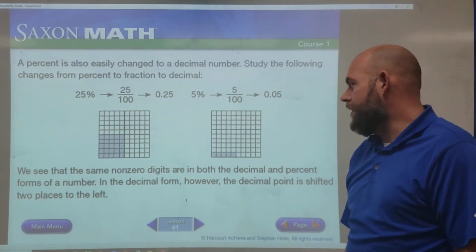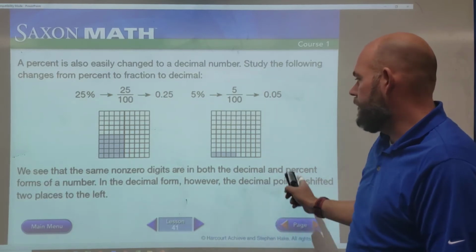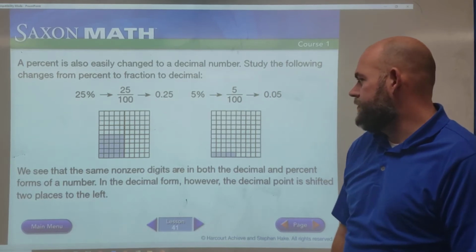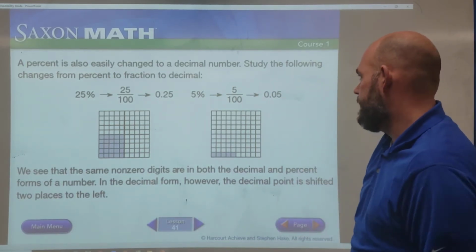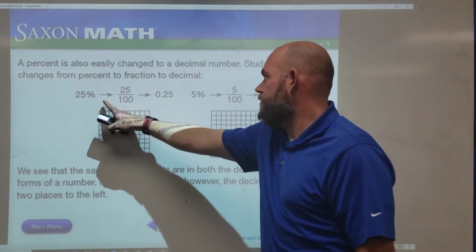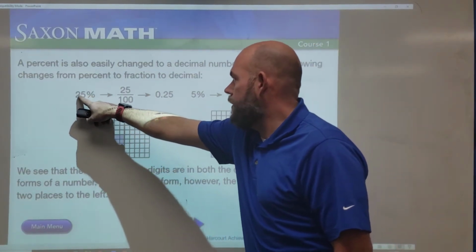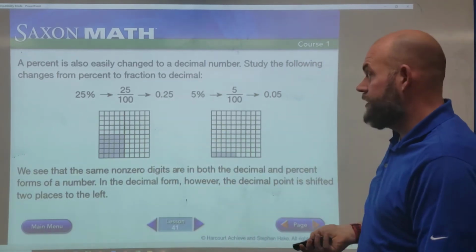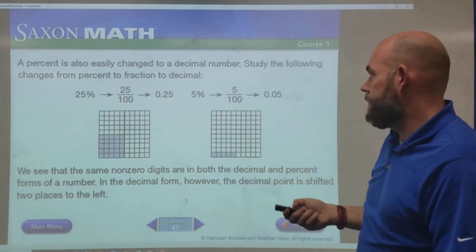Here we see the non-zero digits are the same in both decimal and percent forms of a number. In the decimal form, the decimal point is shifted 2 places to the left. So 25%, if we want to put that in decimal form, we just shift the decimal 1, 2 to the left, so it looks like this, 0.25. Same number, just shifting the decimal.